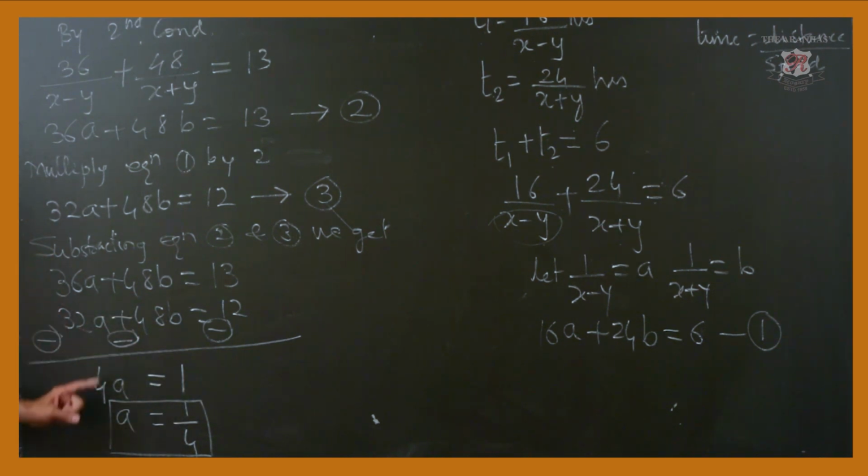Now, once you get the value of a, you have to find the value of b. So, I will substitute the value of a in one of the equations. I will substitute in equation number 1.